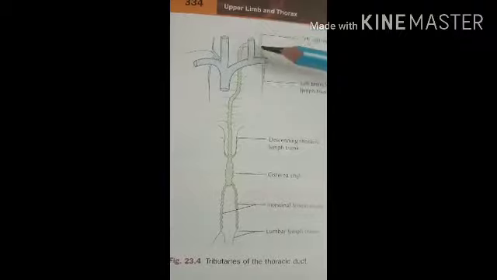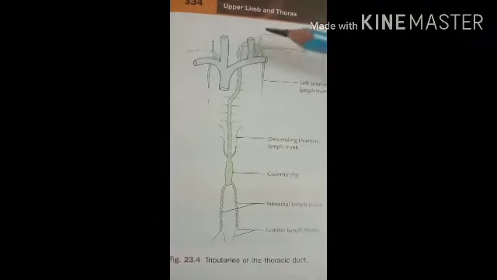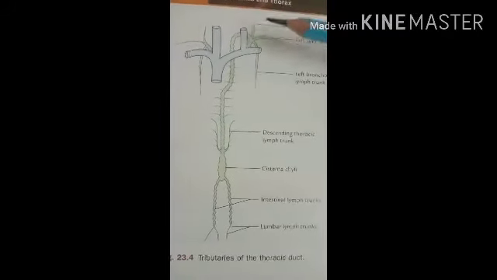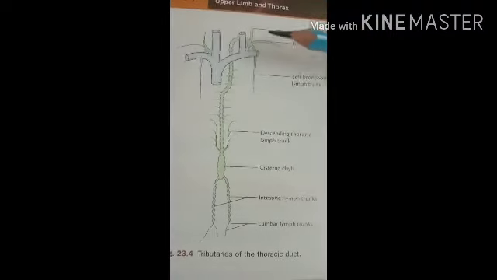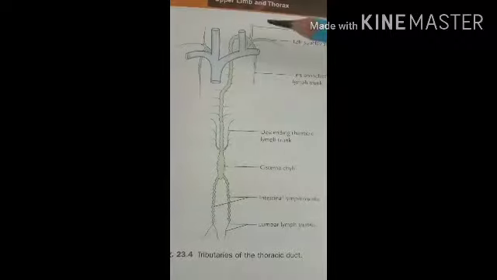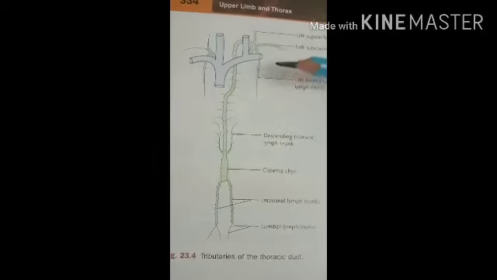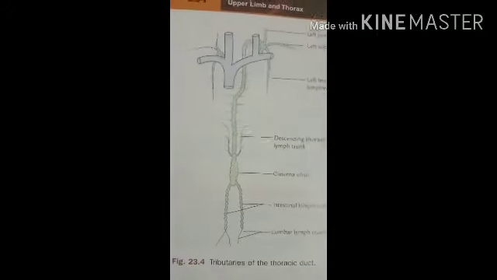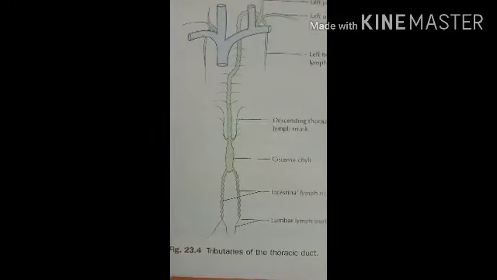If ligated, the lymph returns by anastomotic channels, but if the injury is not detected at the time of operation, then an unpleasant chylous fistula and leakage of lymph can occur. Immediate ligation of the duct is required to stop the leakage of chyle. So these are the clinical points related to the thoracic duct.